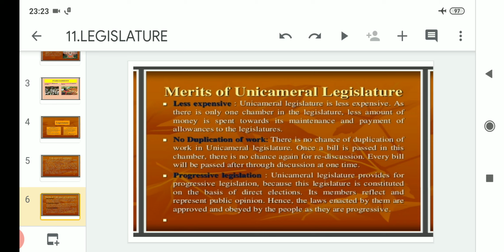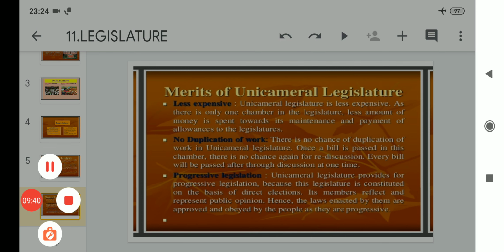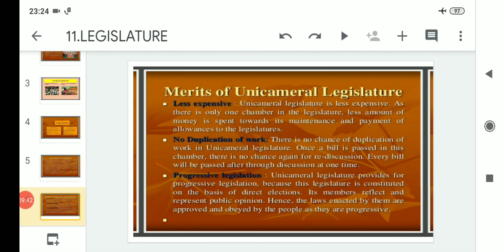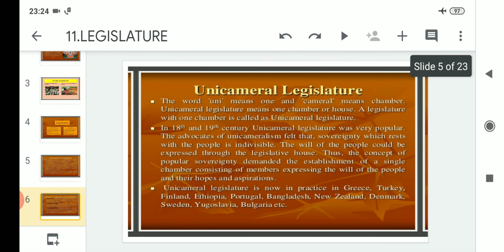So that's why it is written that it is having progressive legislation. That means 100% of members are elected through direct elections, and this represents what? The public opinion. Clear? So with that, I will wind up today's topic.